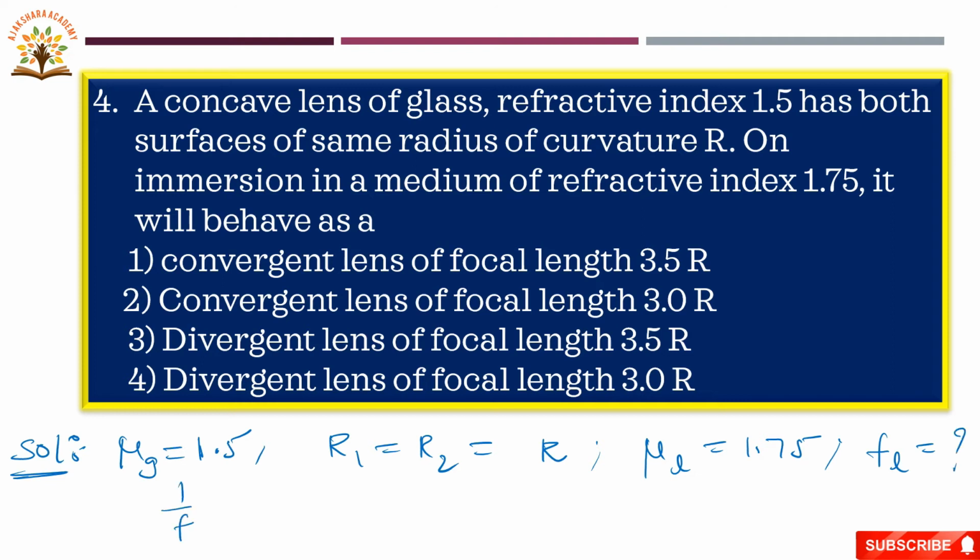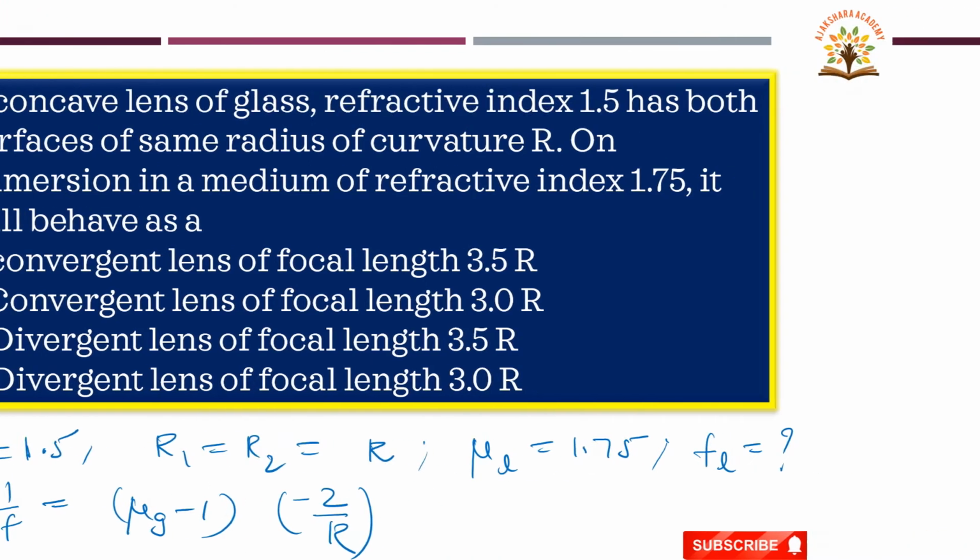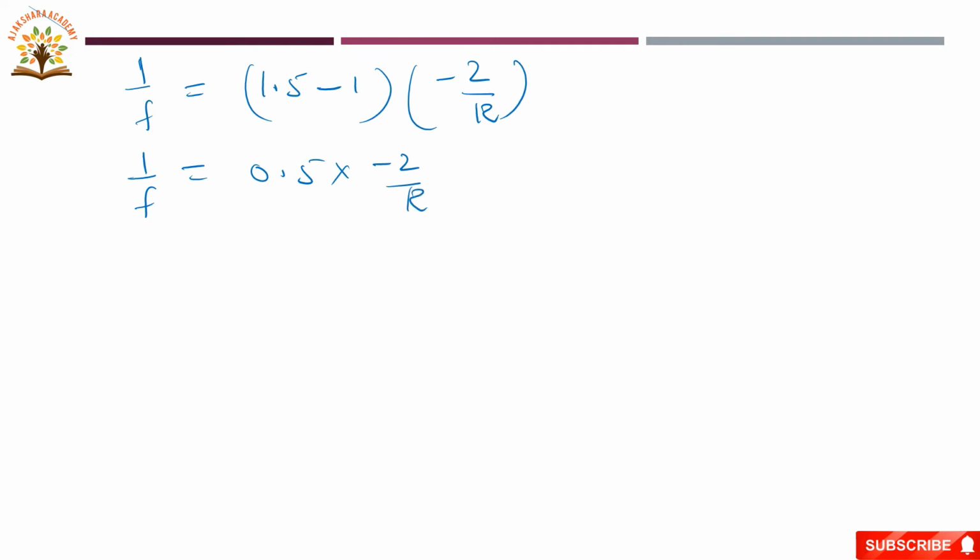So 1 by F is equal to mu G minus 1 of minus 2 by R. Substituting values, 1.5 minus 1, nothing but 0.5, into minus 2 by R. So this is equal to minus 1 by R. So from this we get F is equal to minus R.